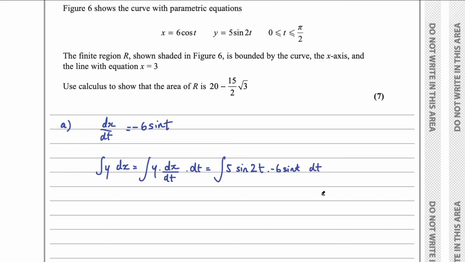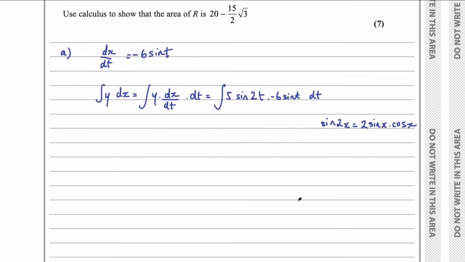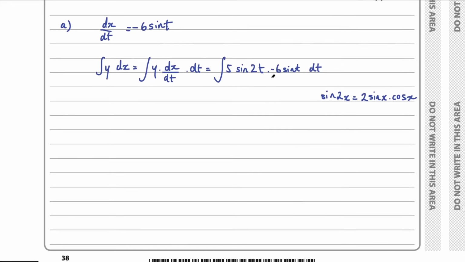So we know that sine 2x is equal to 2 sine x cosine x. So that's one of the double angle formulas. So we can simplify this one here to, well, take that sine 2t and insert 2 sine t cosine t. So this would be 5 times 2 sine t cosine t.